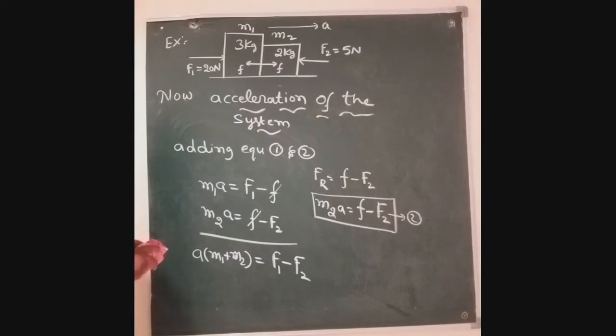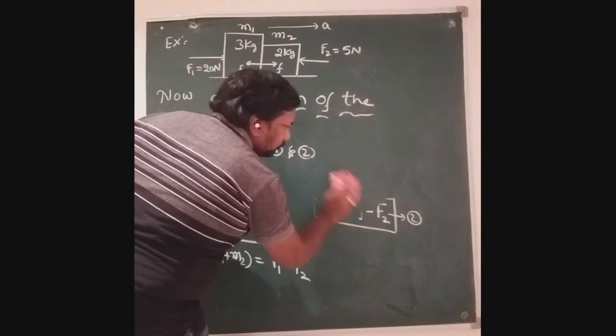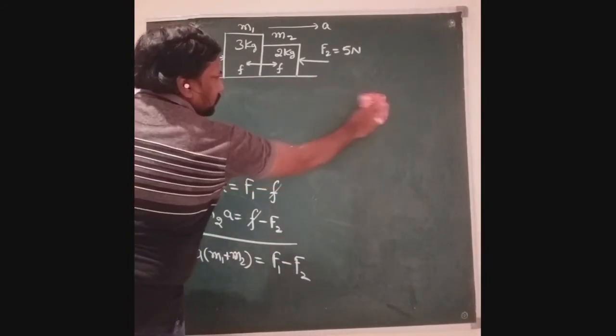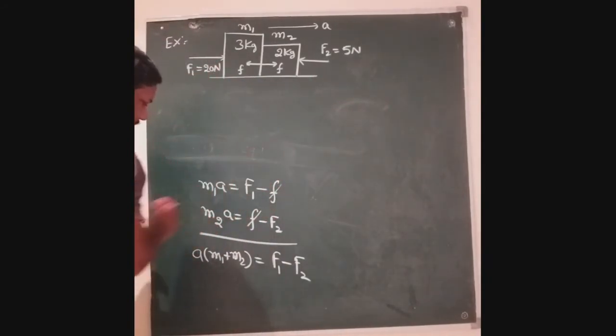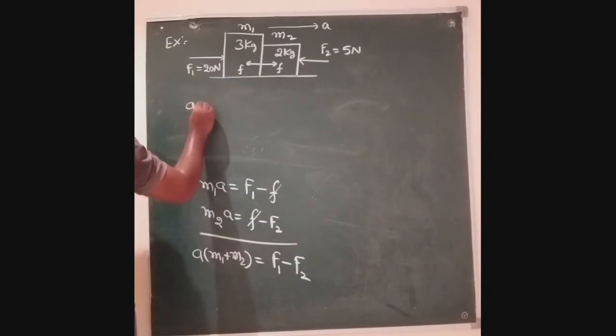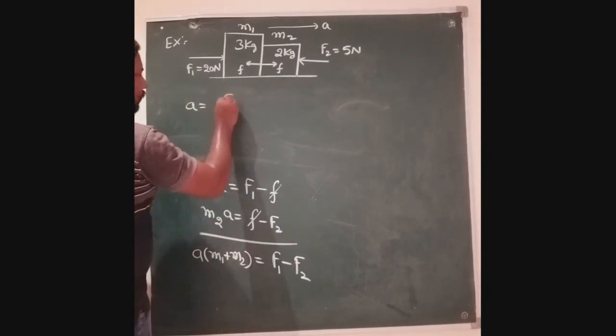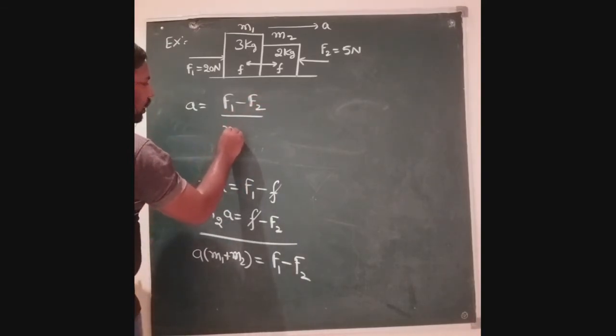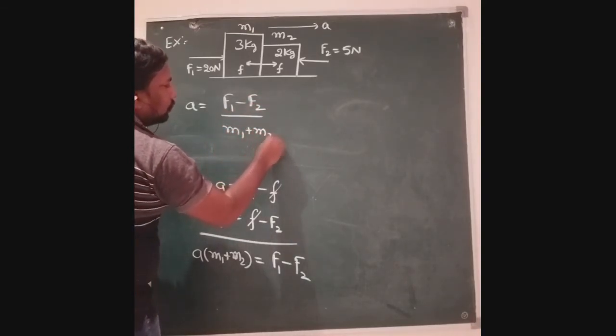Now the acceleration of this system: a equals (F1 minus F2) by (M1 plus M2).